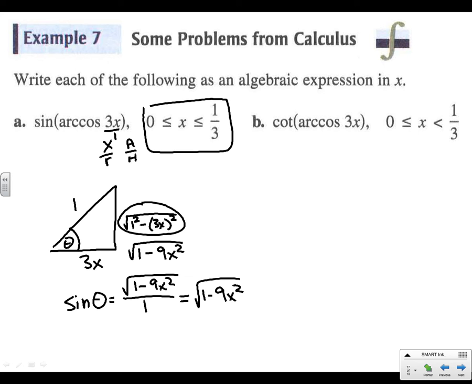So the cotangent says adjacent over opposite. Adjacent side is 3x over root 1 minus 9x squared. Of course, they made it difficult on us here. Let's get rid of this and put it on top.